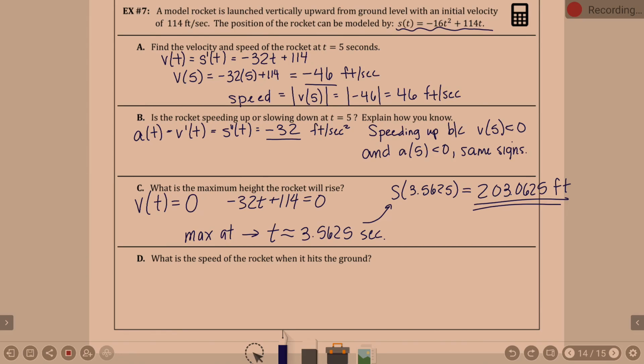What is the speed of the rocket when it hits the ground? What do we need to know here? 114 feet per second. It is. Why? Do we know that?